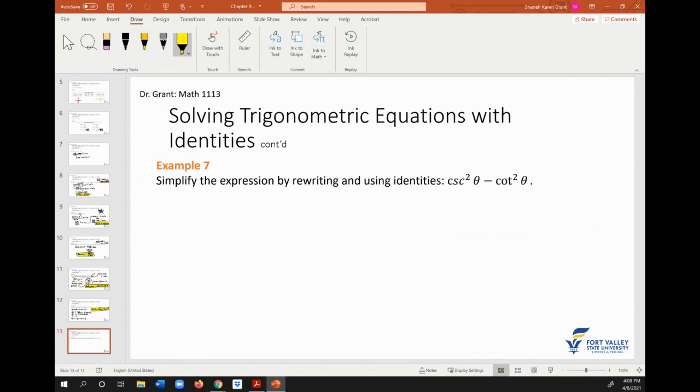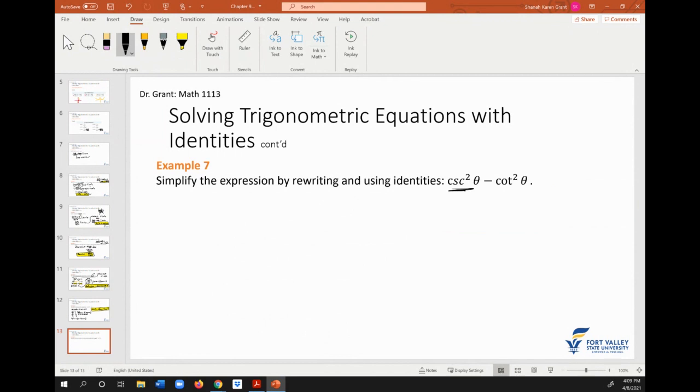So we have some squares, so possibly your Pythagorean identity is involved. You really can go many ways with these types of problems, but you should get the same answer once you're simplifying correctly.